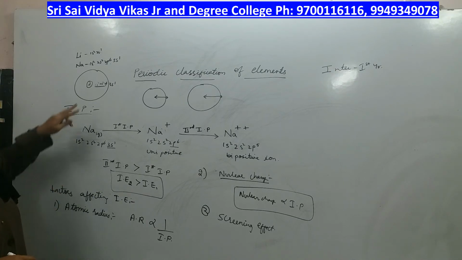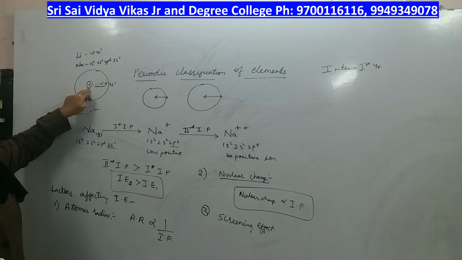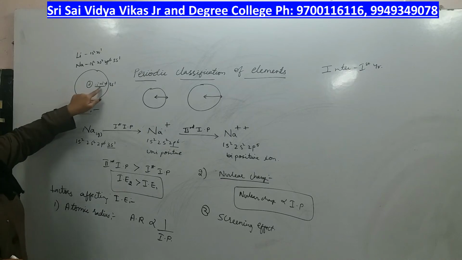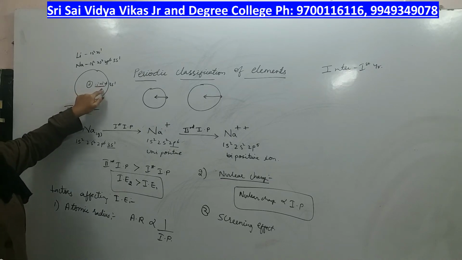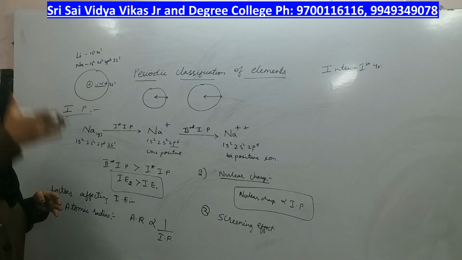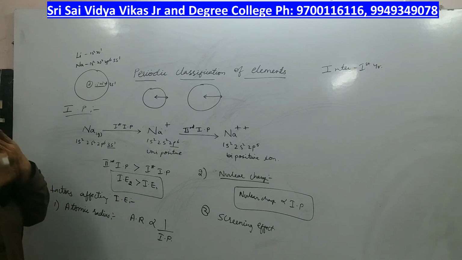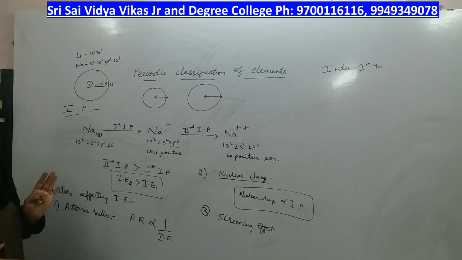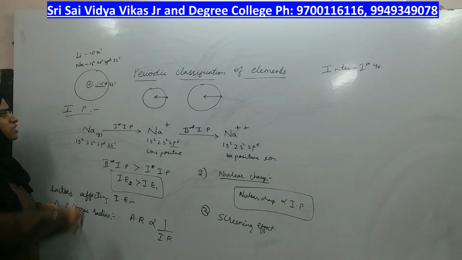What is the responsibility of the nucleus? It should attract all the electrons towards itself, right? But these inner core electrons will try to keep a barrier, or a shield, between the nuclear charge and the valence electron.